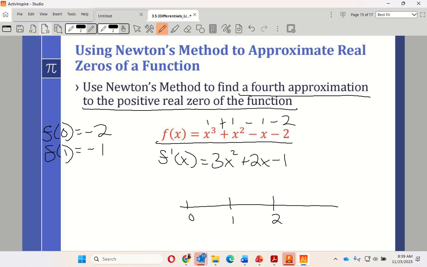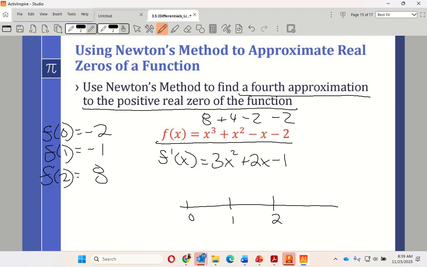These are f's. And f of 2. 8 plus 4 minus 2 minus 2. So this is going to give me a positive 8.